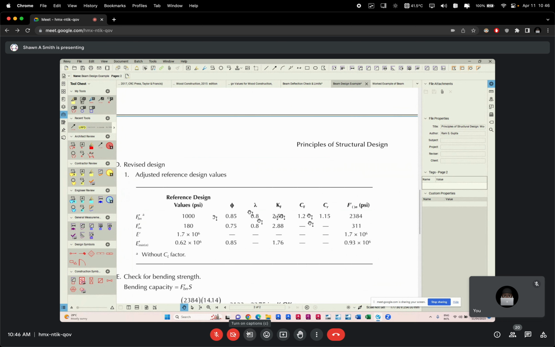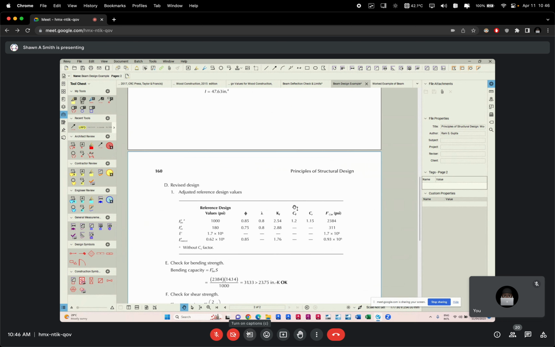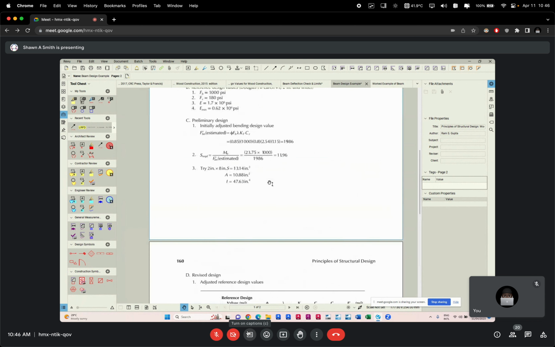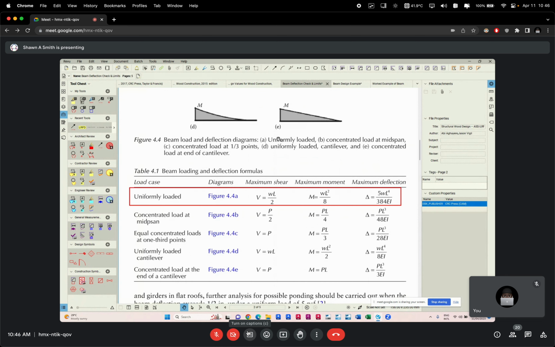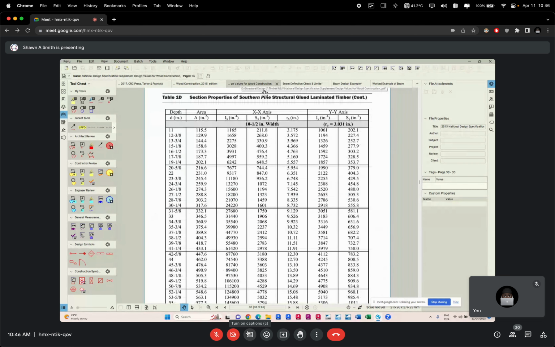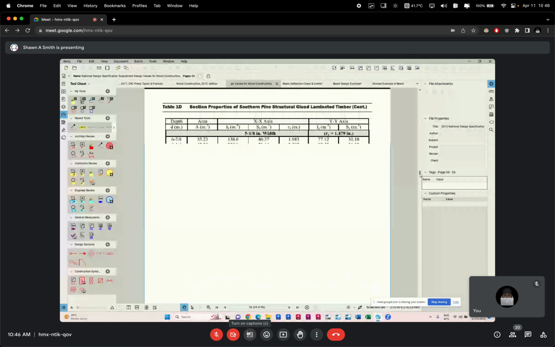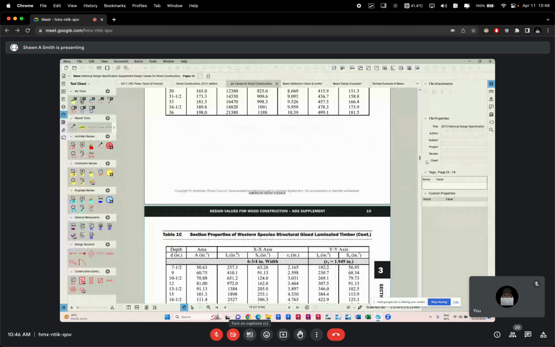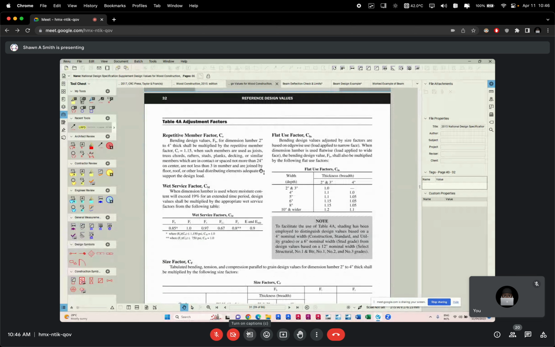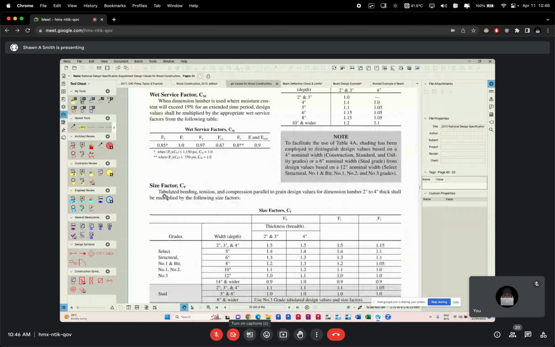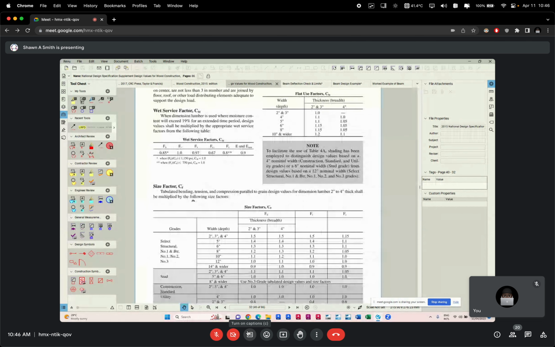CF and CR. Now CF comes into play. Let's remind ourselves what is CF. Size factor. All right, so this is CF.